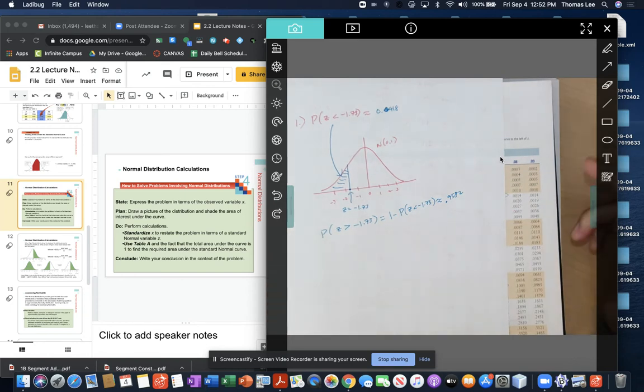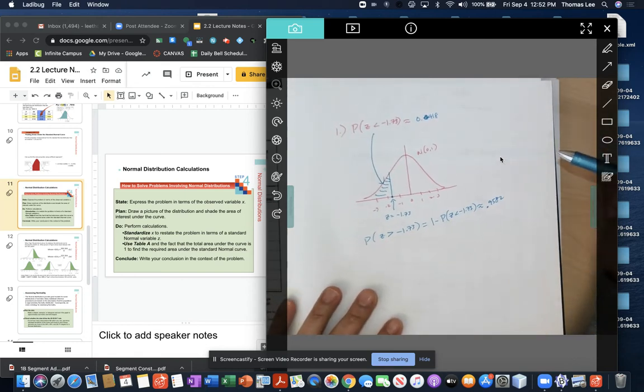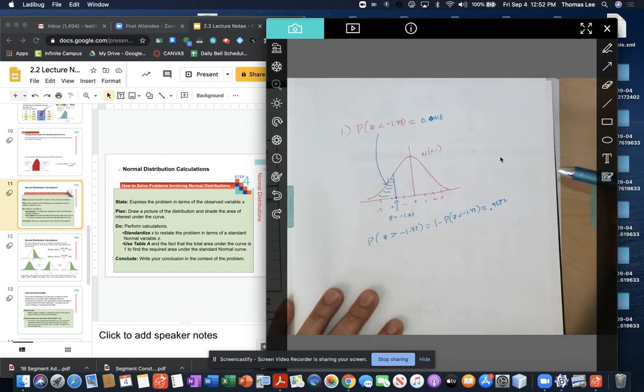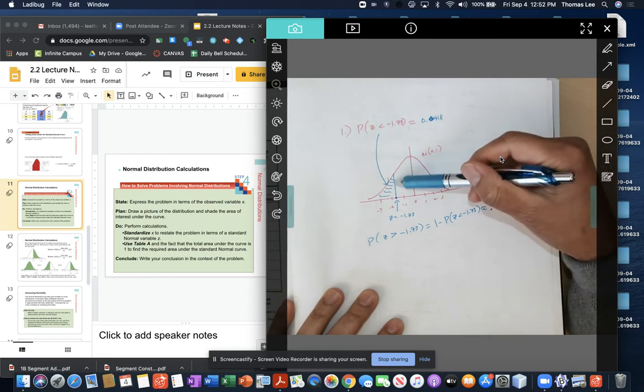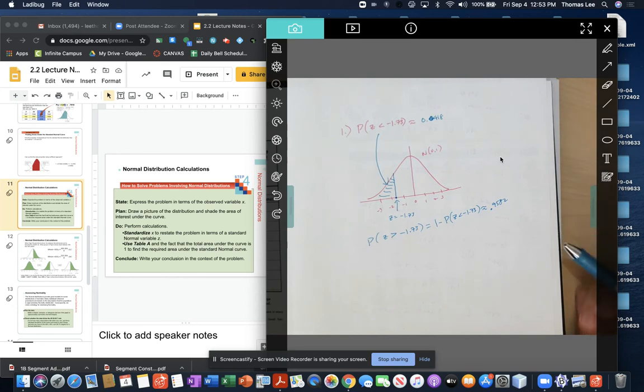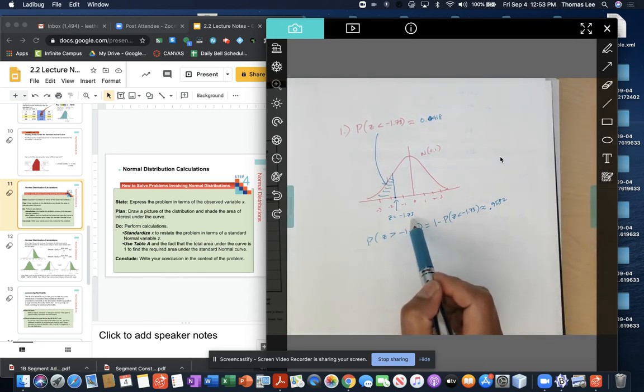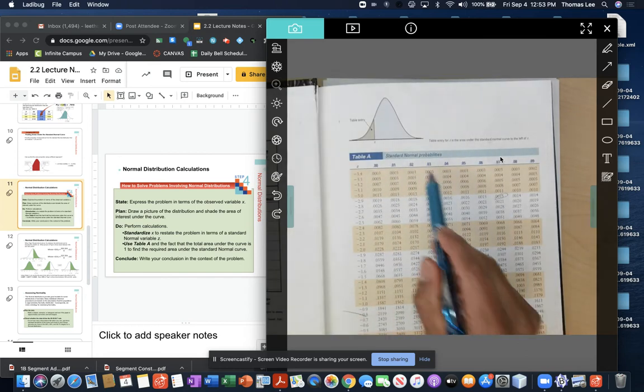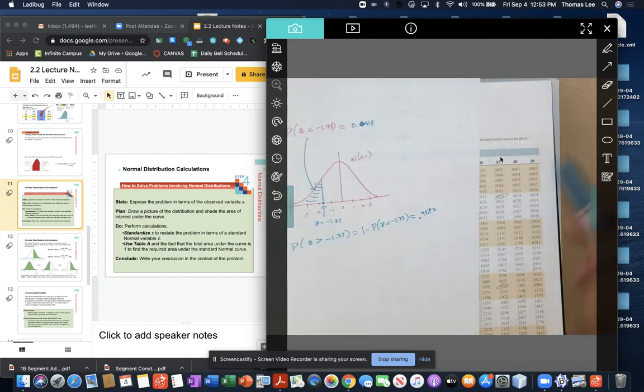So to conclude in context, from the standard normal model, approximately 95.82% of the data is greater than the critical value of z equals negative 1.73. So that is how you use table A to find a left tail and also to find the right tail.